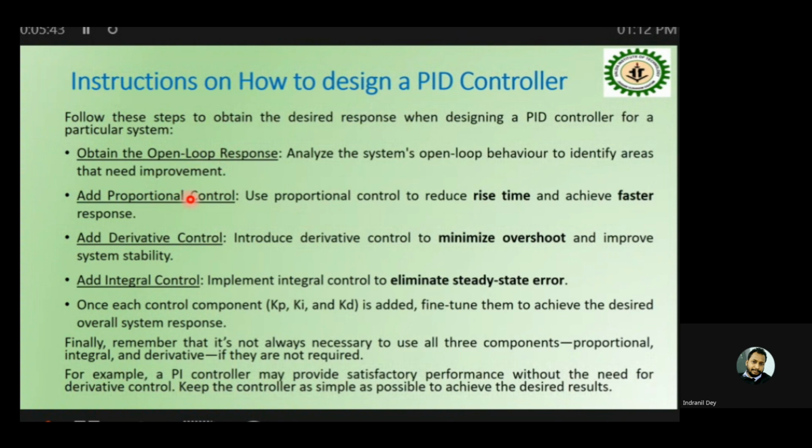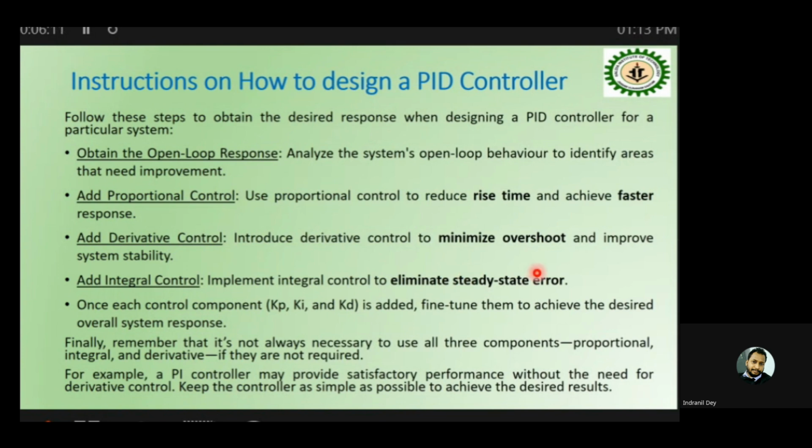For that case, we will add the integral control action first. Adding integral control action with the proportional controller, it will retain the benefit of the proportional controller, like reduced rise time with a faster response, and at the same time nullify the drawback of the proportional controller by eliminating the steady state error or the offset.